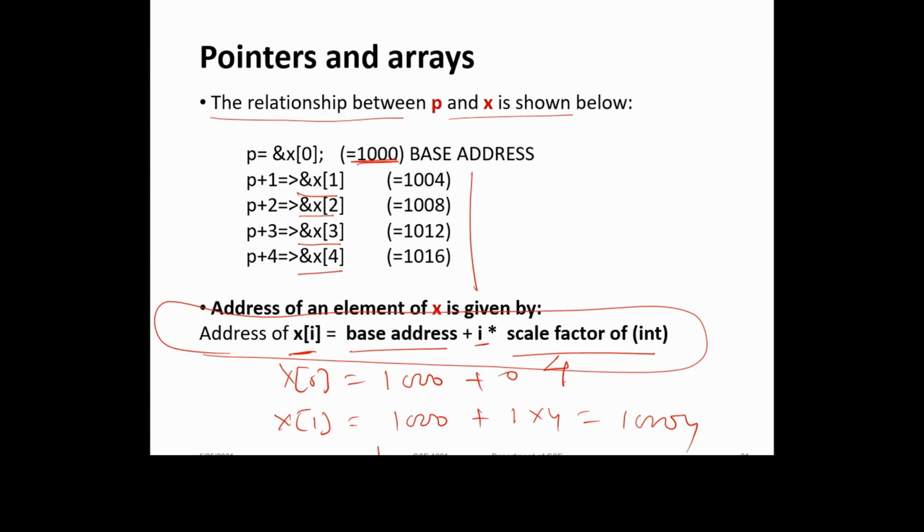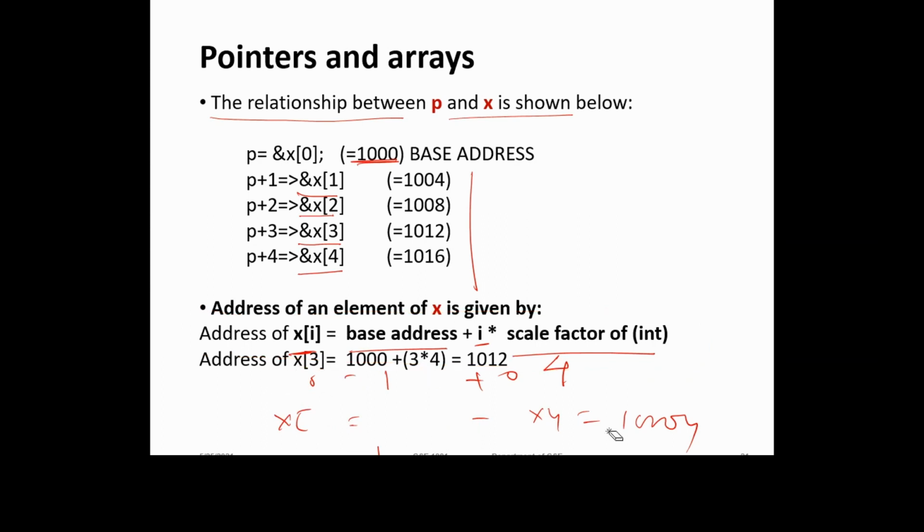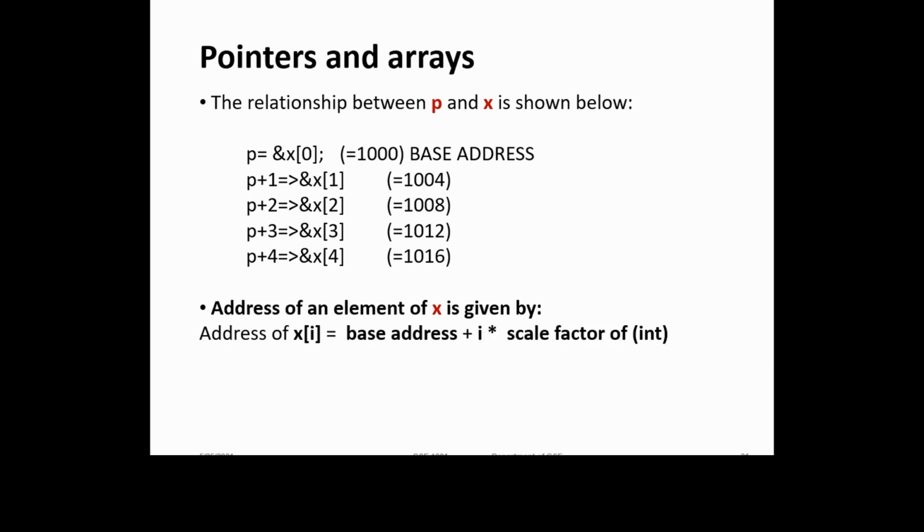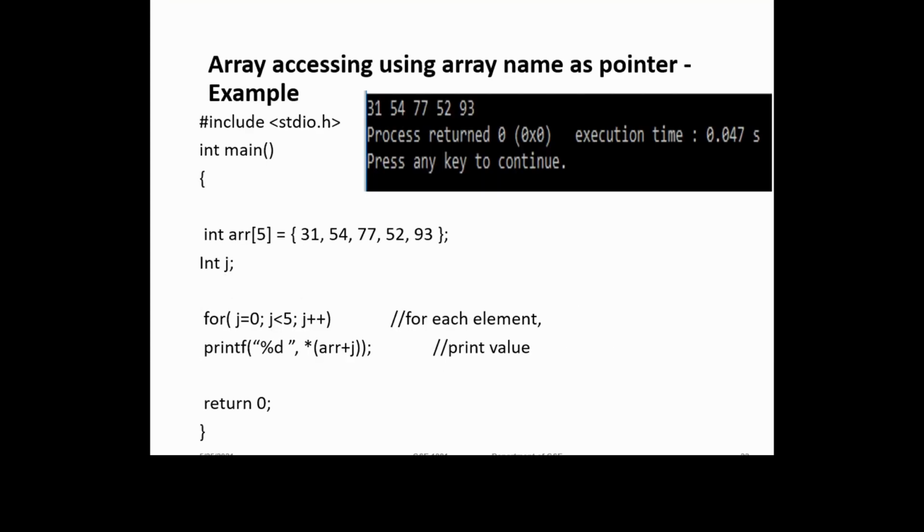If we know the size of the data type of that particular array, then we can use this formula to find out the address locations of that array. These are some examples. The address of x[3] is like this, 1000 + 3 into 4, and so on.